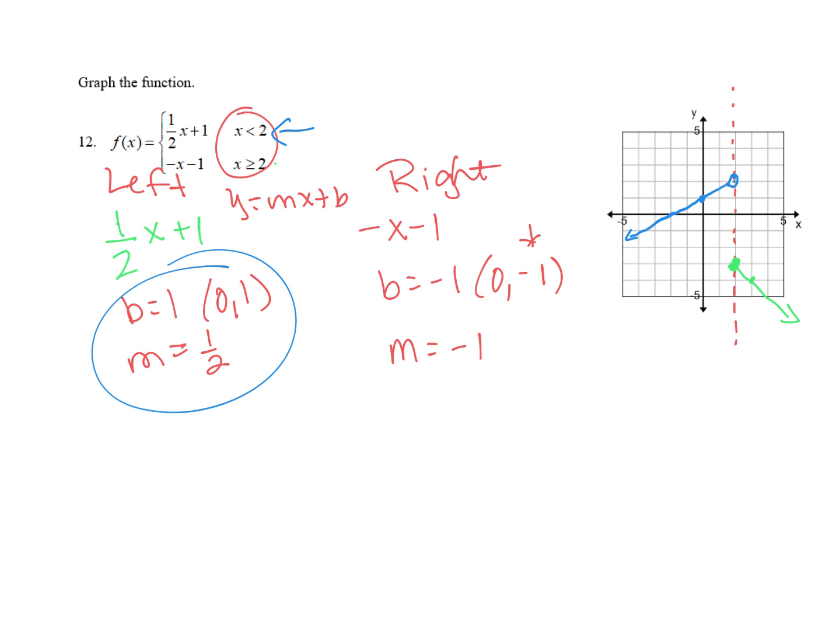You could plug this value of 2, so 2 minus 1 equals 1, which is negative 3 here. And I can know that that's the point where I need to start. Okay, so I can either find other points that are within my domain values, or I can graph the line and then erase the part that I don't need.